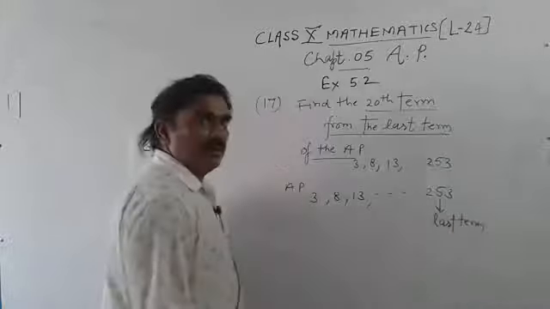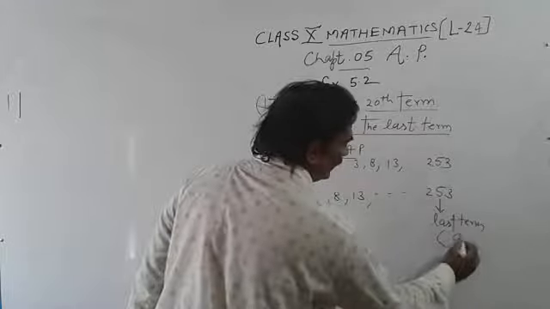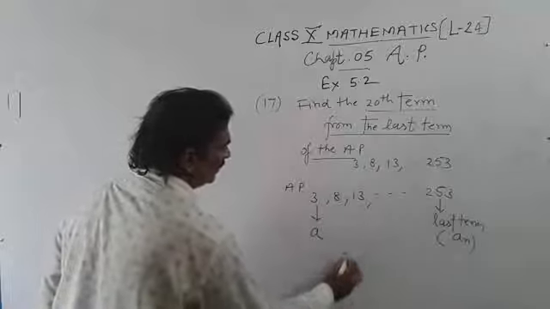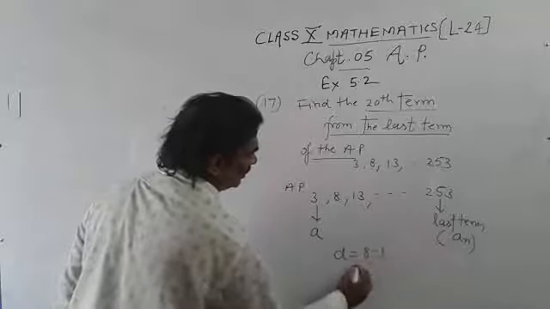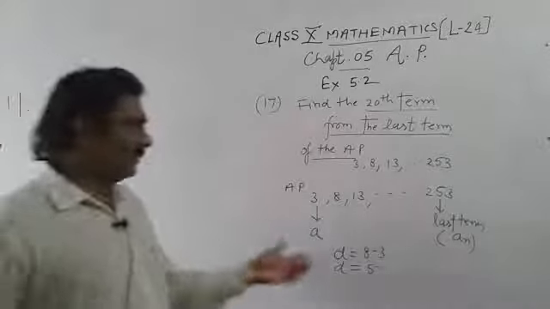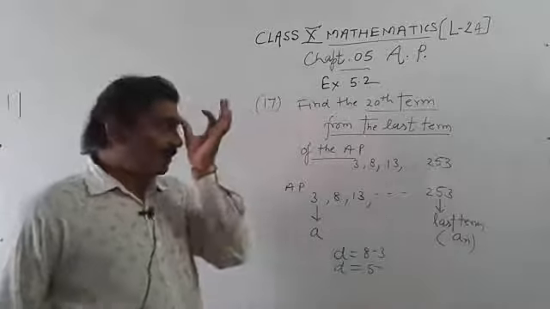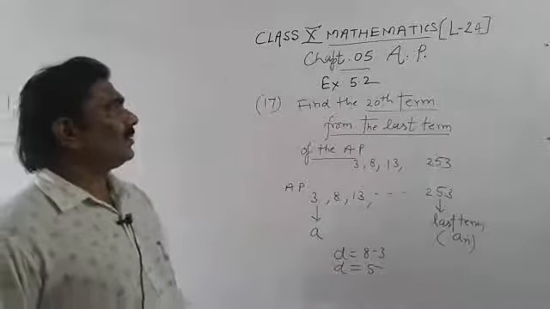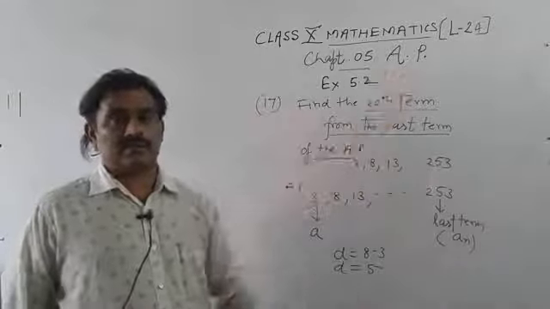Sometimes we take it as an, and here 3 is the first term and d is 8 minus 3, which is equal to 5. So students, we clearly have the first term, common difference and last term. The question arises: how will you find the 20th term from the last?